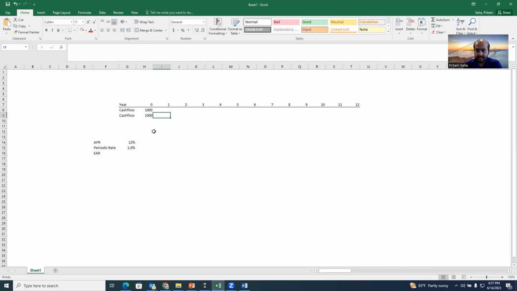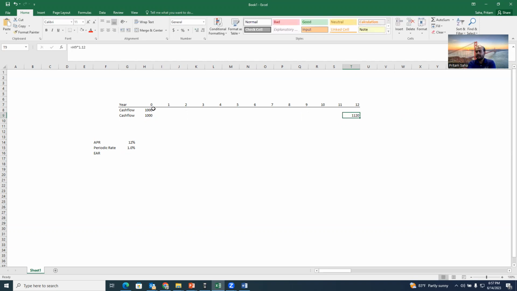So let's say if they add you 12% annually, so this is today, end of month 1, month 2, month 3, month 4, month 5, month 12. So end of month 12, if they add interest annually, you should have 1,000 times 1.12, right?